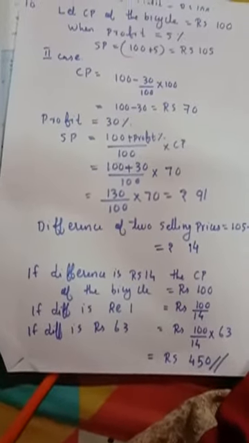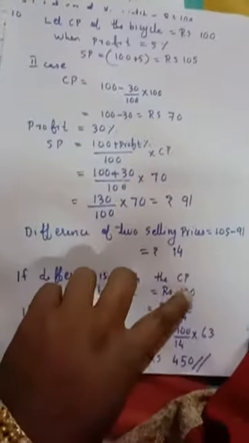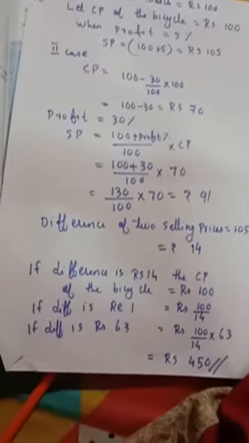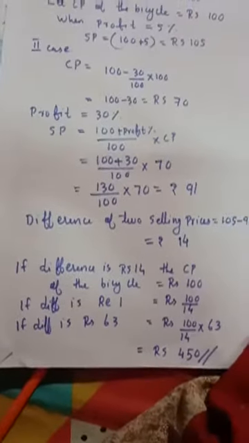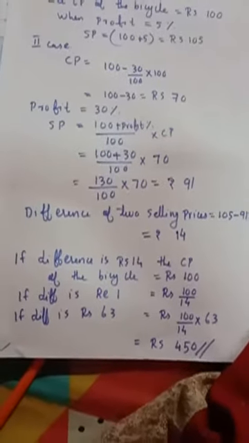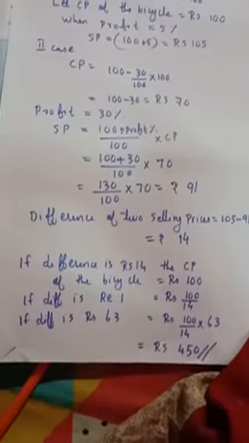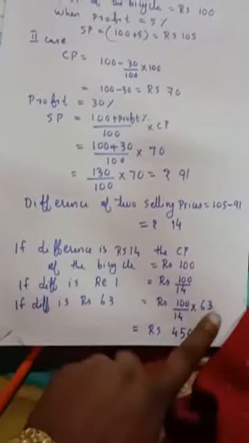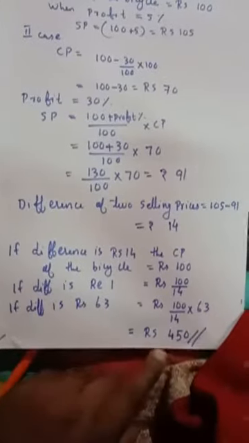By division, 100 by 14. Now if the difference is 63, the CP of the bicycle is equal to 100 by 14 into 63, 450.